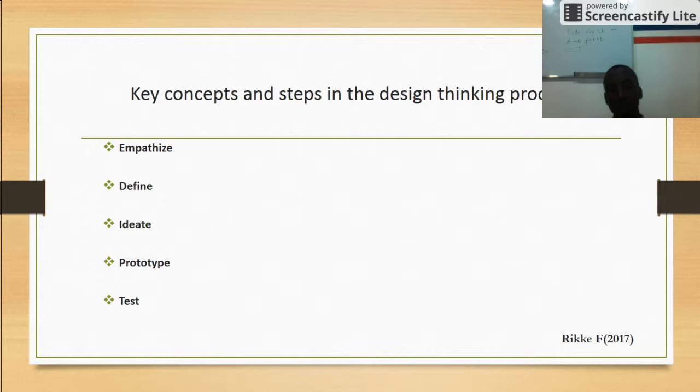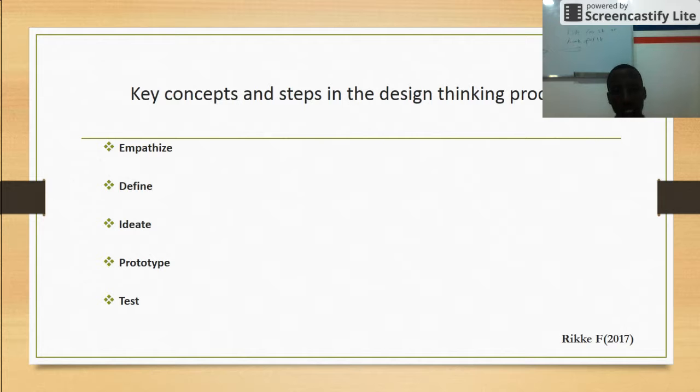The prototype comes in as the designer tries to generate one solution and works on it, then presents that solution to the end users. Then they can give him or her feedback to be applied and refined to get the solution.